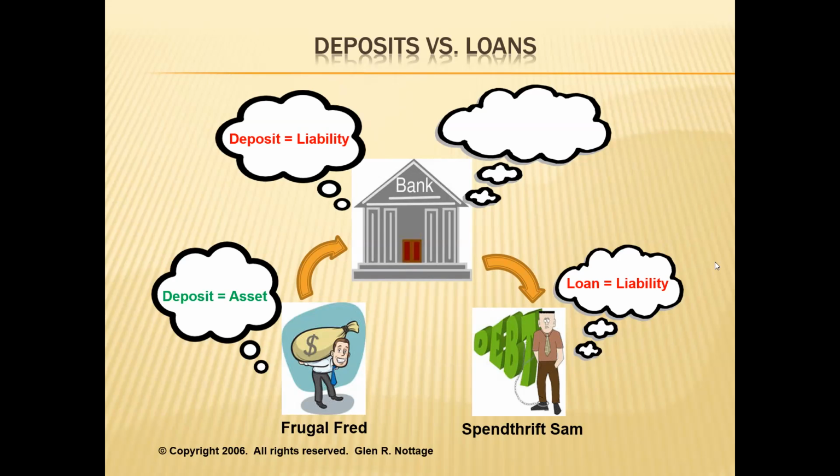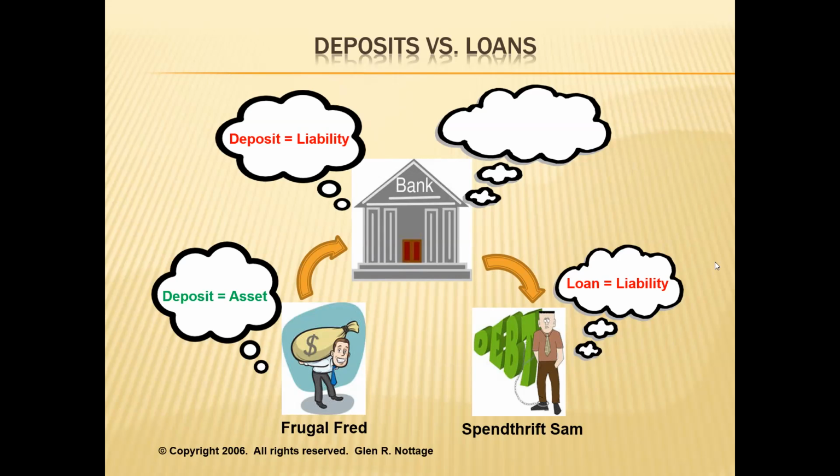So we said, and I think that may be for the other side of the coin, but the money is an asset to Fred because Fred is himself basically lending that money to the bank or placing that money into the bank, so it's an asset because he owns it, right?